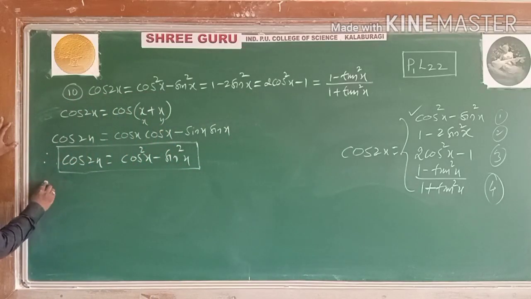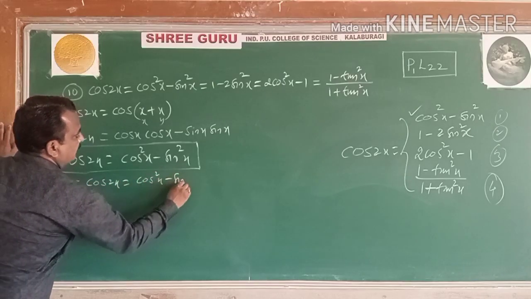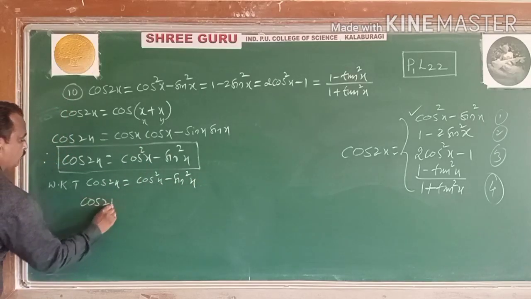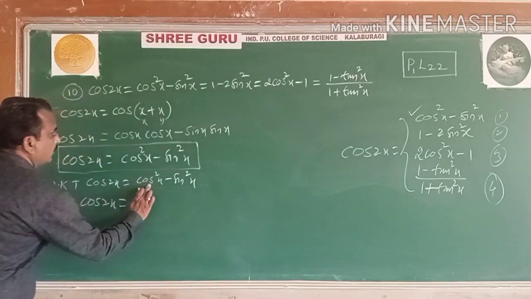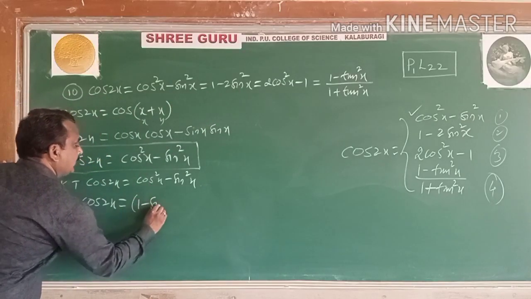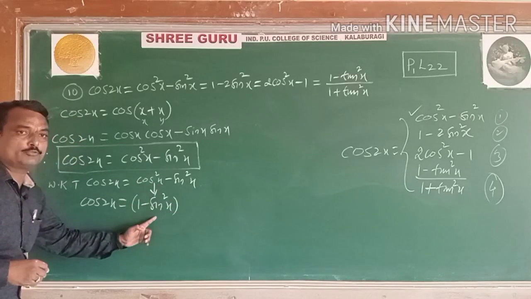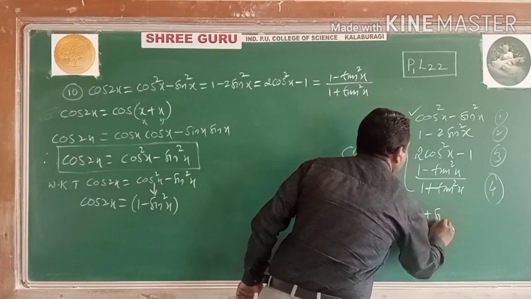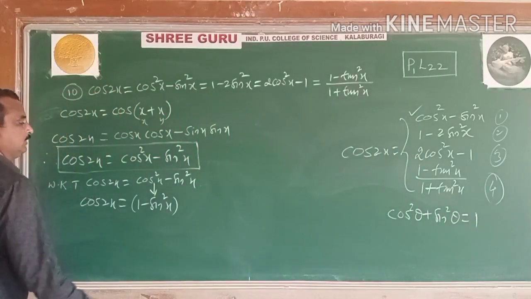Now let us see. We know that cos 2x equals, what we have proved, cos square x minus sin square x. Now see, students, cos 2x, you want totally in terms of sin. Convert this cos into sin. Is it possible, right? Cos square x equals 1 minus sin square x, because of the identity cos square theta plus sin square theta is equal to 1.